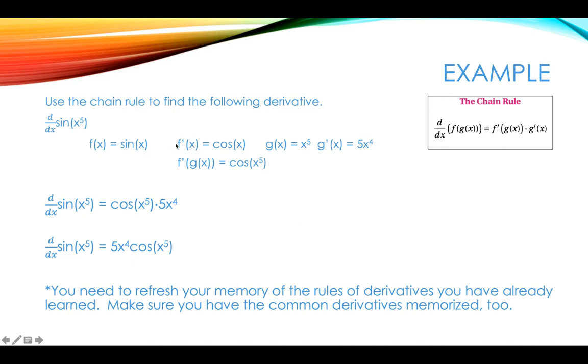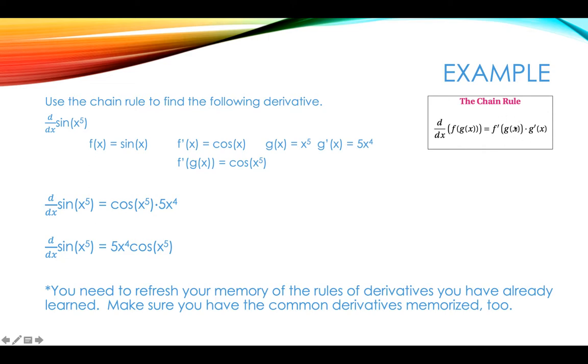All right, the derivative of f of x when it's sine x is cosine x. And the derivative of g of x is going to be 5x to the fourth using the power rule. Now, we're going to multiply two things together, but we're going to multiply f prime of g of x times g prime of x.